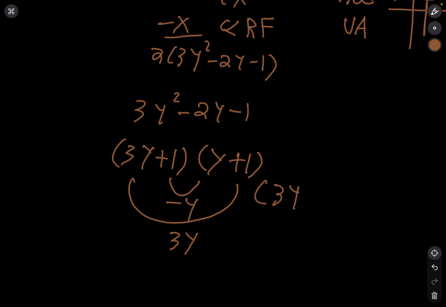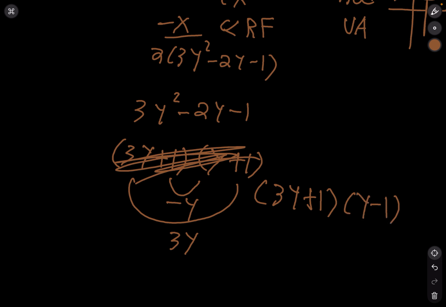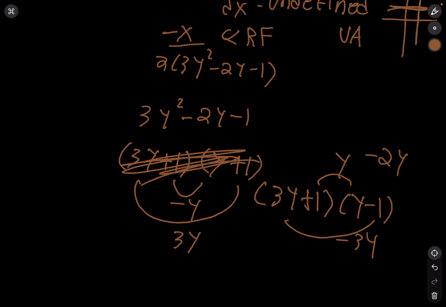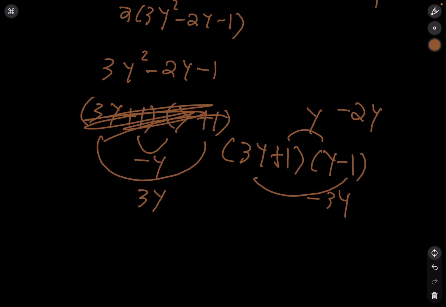My mistake. It's the other way around. Don't pay attention to that. Because you get the y here, then you get the negative 3y. When you combine them, you get negative 2y, and then 1 times negative 1 is just negative 1.